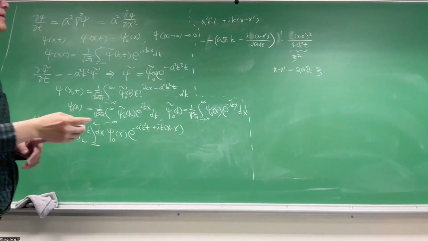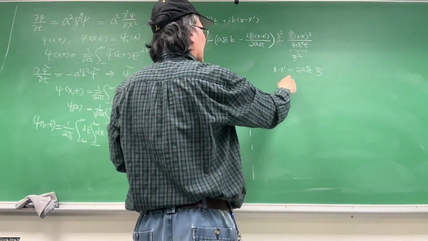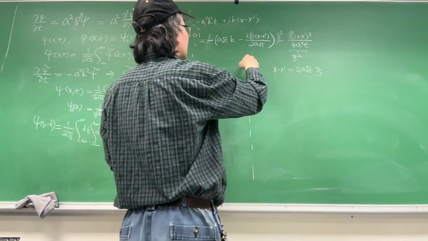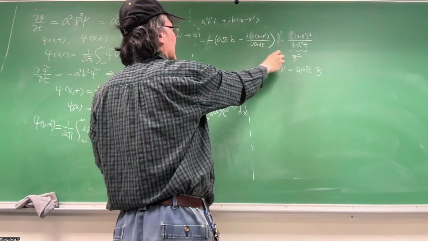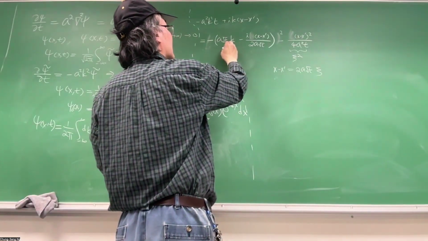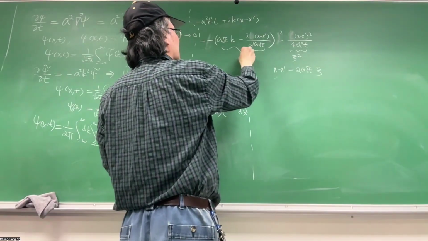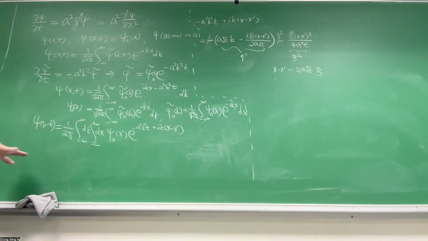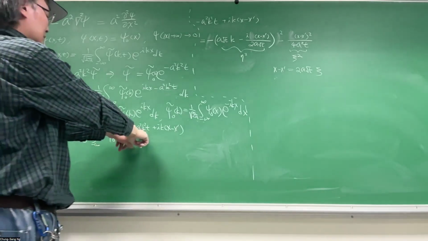Right. So that is what you can see. And whatever that is, because c squared, you can give it another name. Like this is eta squared, right?